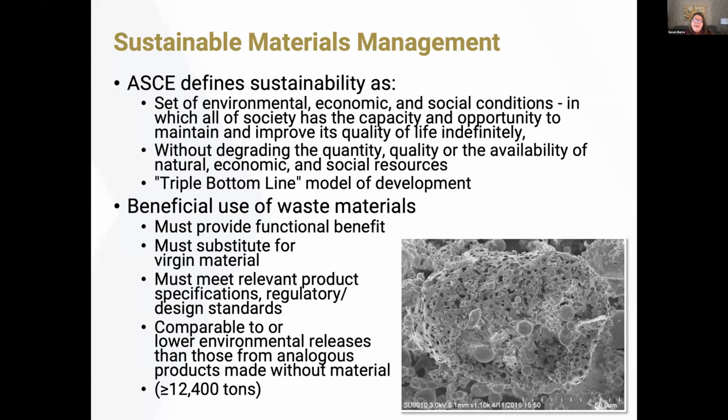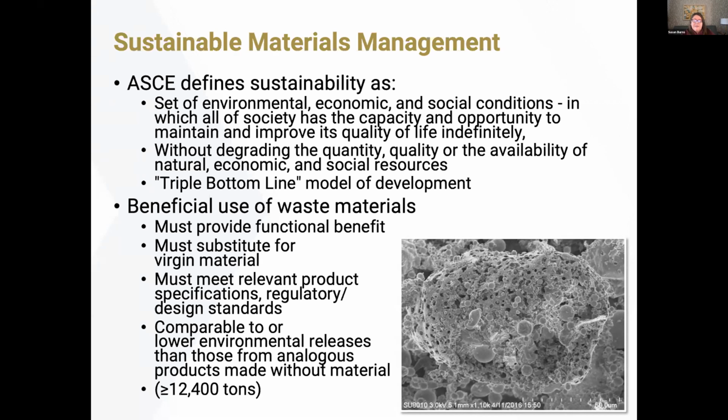In addition to that, we know that one of the ways that we can promote sustainability is by beneficial use of waste materials. When we look at the waste materials that we are dealing with, these materials must provide some type of functional benefit to us, right? That's one of the ways we define beneficial use. Those materials also need to substitute for a virgin material. What that does is it keeps us from excavating soil when we can substitute in a waste material that's available for use.